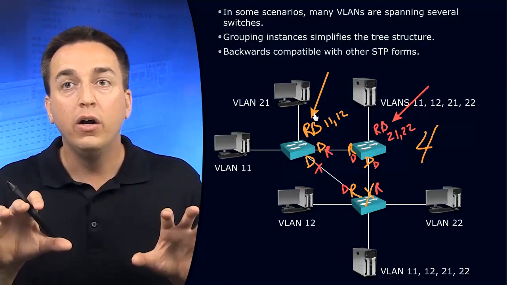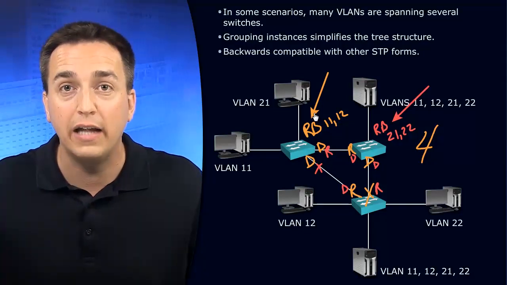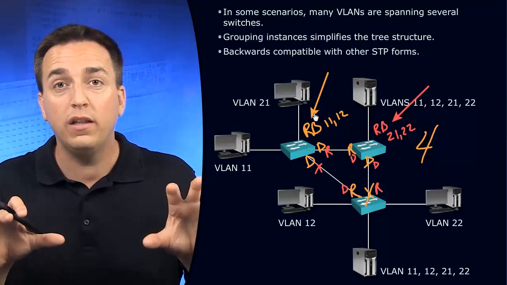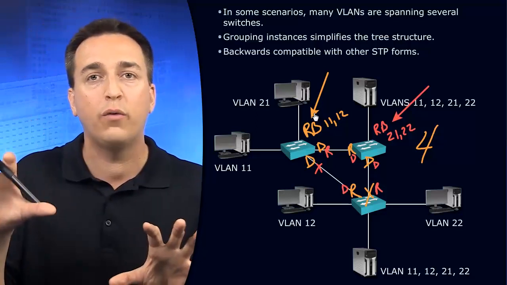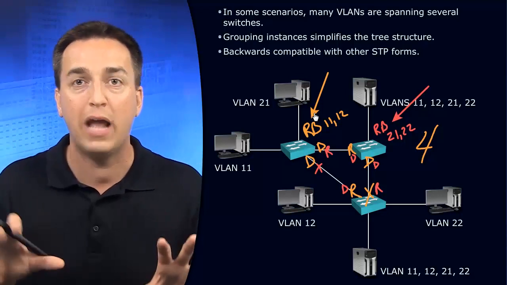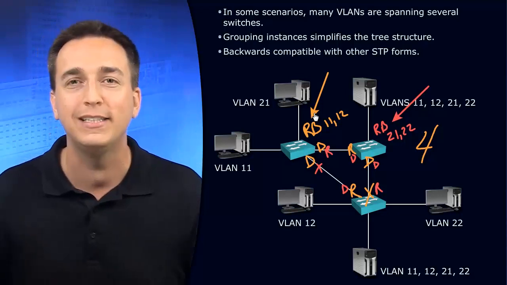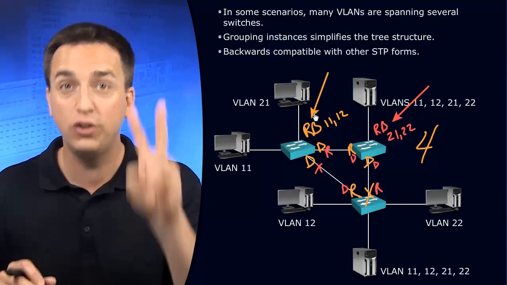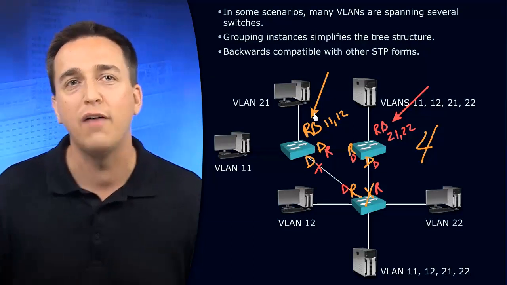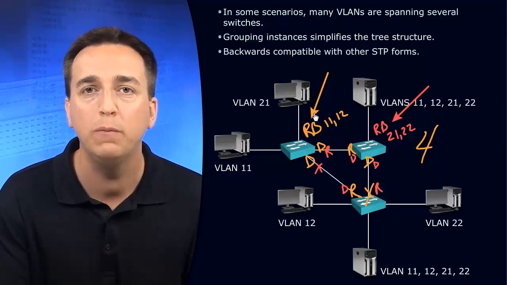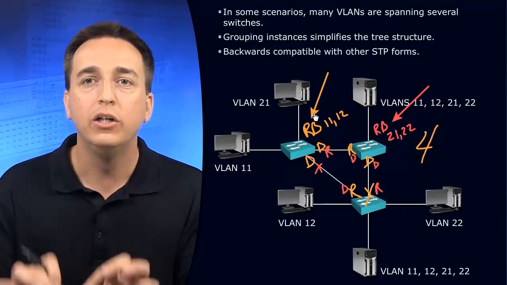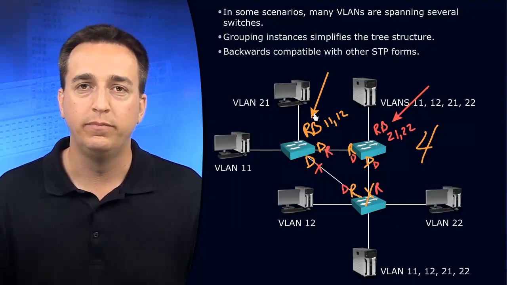Meaning we could have all 500 of the VLANs, but 250 of them are represented by a single spanning tree instance, and the other 250 are represented by the other spanning tree instance. So now only 2 spanning tree instances running. Only 2 running. But we still have 500 VLANs. And that's what we get with multiple spanning tree protocol.